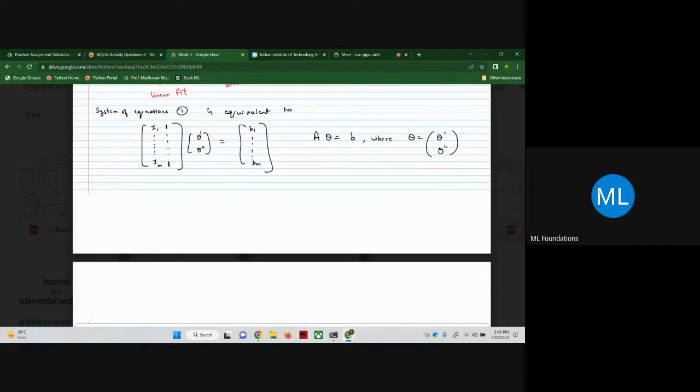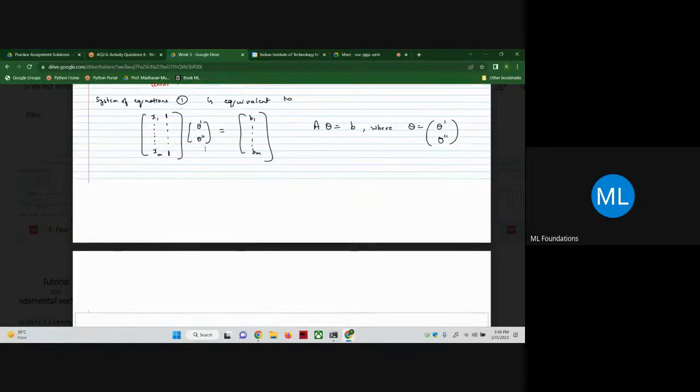So you have rewritten this in the form of Ax equals b. Now our goal is to find the theta that minimizes the error. If this b vector exactly falls in the column space of A, then the projection will be b itself, and you will not be getting any error.